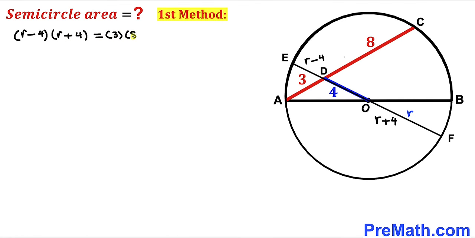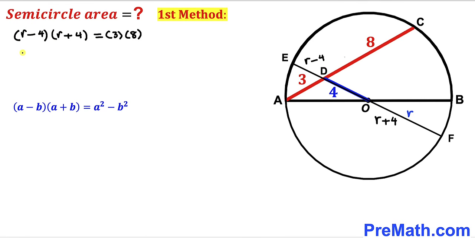Now let's recall this famous identity: a minus b times a plus b equals a square minus b square. In other words, the product of the difference and the sum is equal to the difference of their squares. We are going to apply this identity on the left hand side.